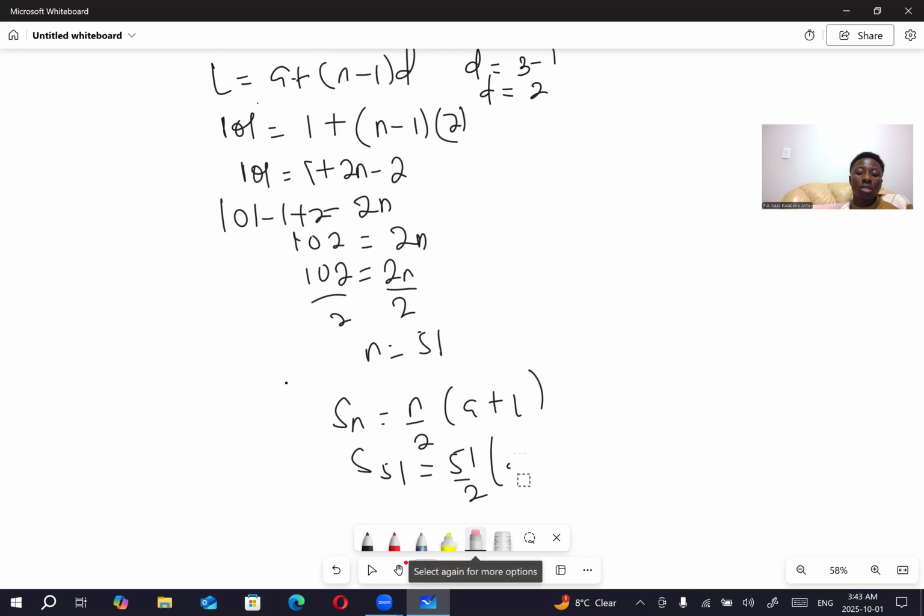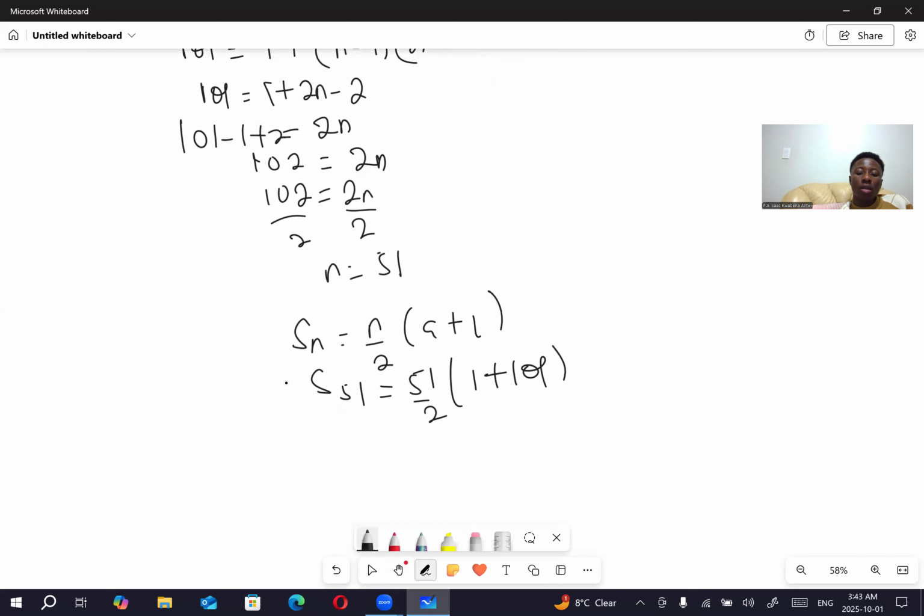What's a? a is 1, and 1 plus l is 101. So that'll be 51 over 2 into 102. That will give you 51 times 51, and of course the final answer is 2601.